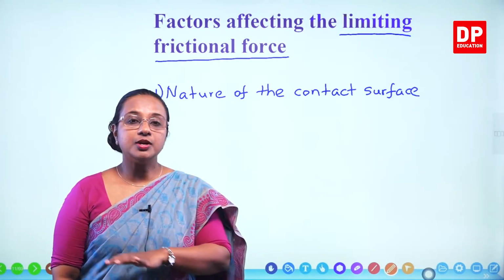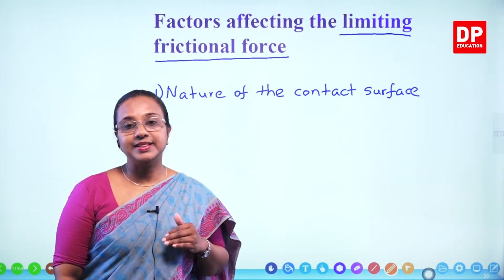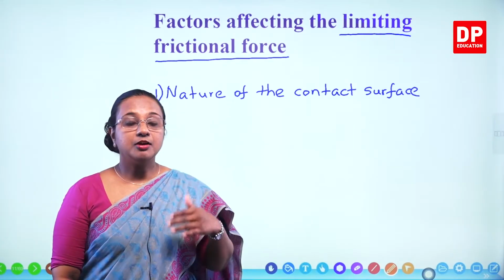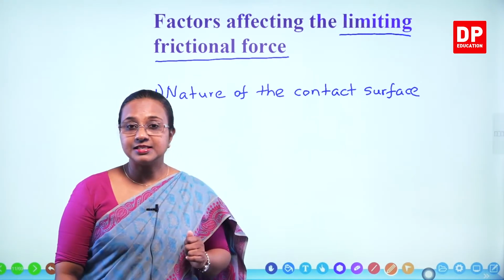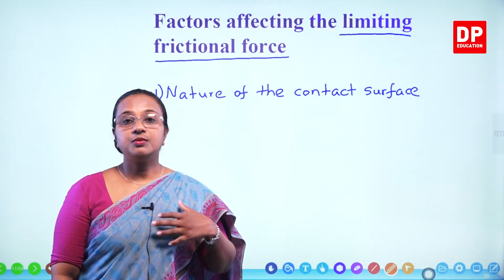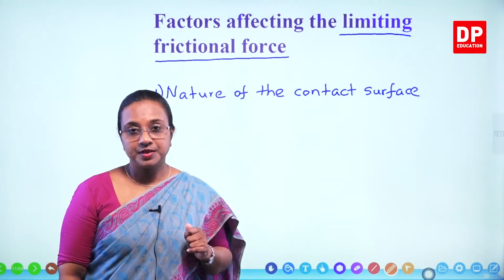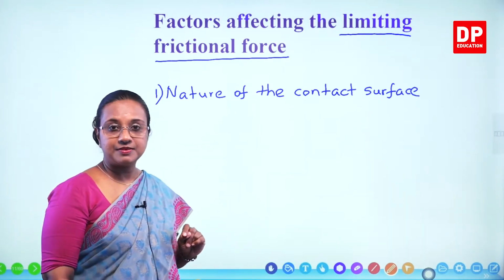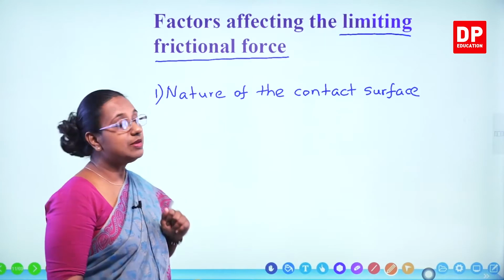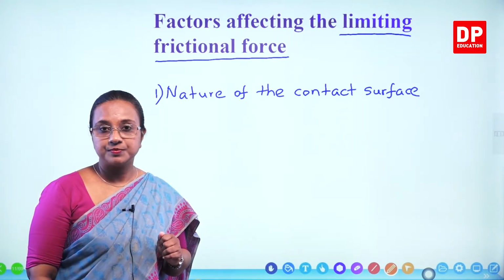A normal floor, you walk without slipping. A floor that is wet, the nature of the contact surface changes. We tend to slip. So we will see how the nature of the contact surface affects the limiting frictional force.